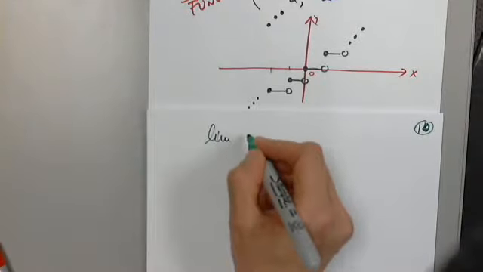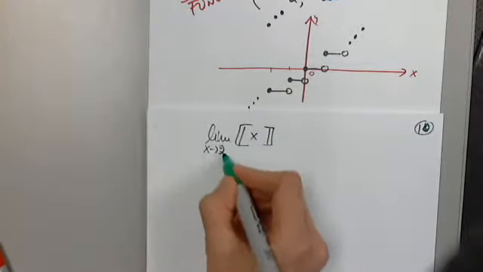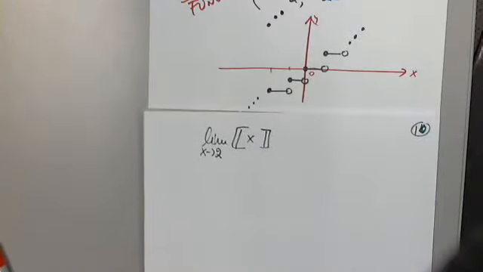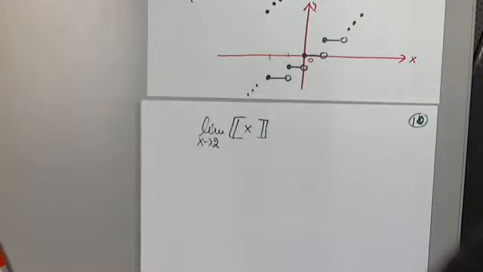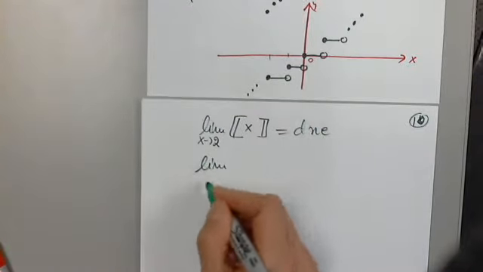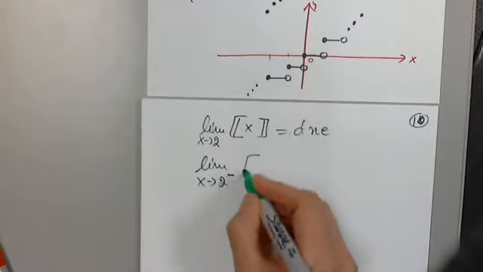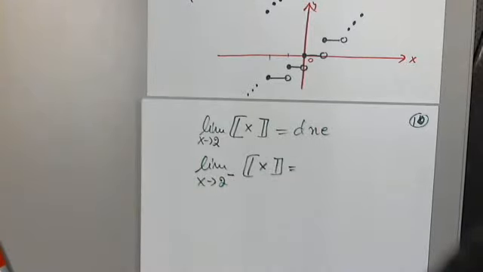Okay, limit of the greatest integer function when x approaches 2 from either side. You already know the answer, but we have to find both. What is the answer before we find both, left and right? So limit as x approaches 2 from the left, from the greatest integer function, what would you say?